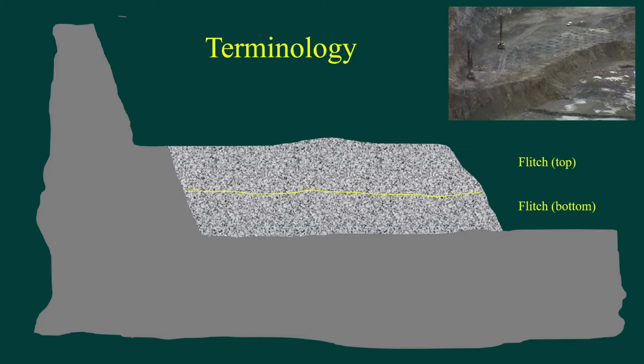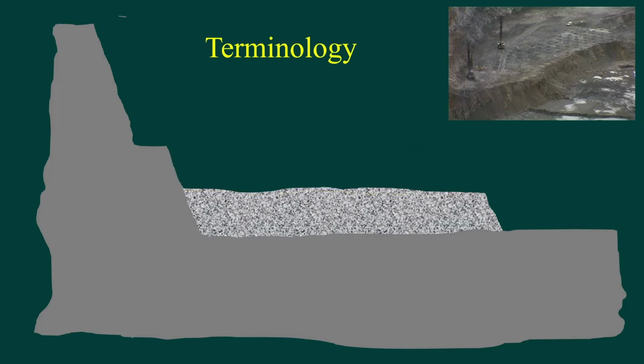Another way is to divide our broken rock horizontally into layers or flitches. In this case, we are showing two flitches, a top one and a bottom one, but you can have as many flitches as you like. Each flitch is taken in turn, starting with the top one, and each flitch is excavated in this direction along this face.